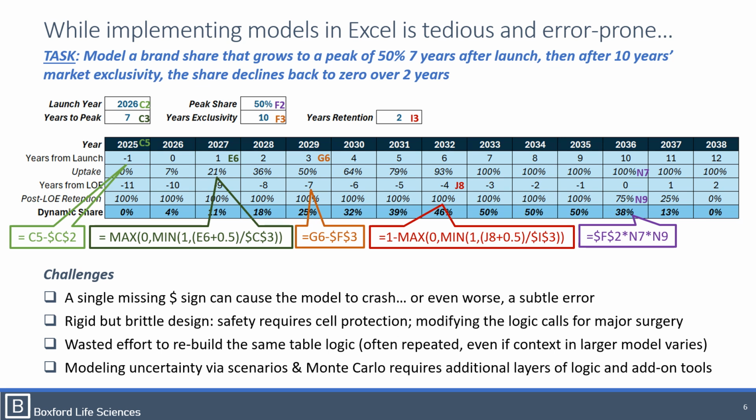Often in the same model, we might repeat this many different times, just in a different context for different brands or different segments in the larger model. And finally, our markets that we simulate are very uncertain. And to do that via scenarios and Monte Carlo analysis requires additional layers of logic or add-on tools that, again, make these models more tedious to build and potentially prone to error.